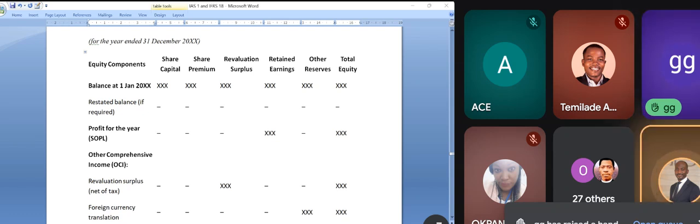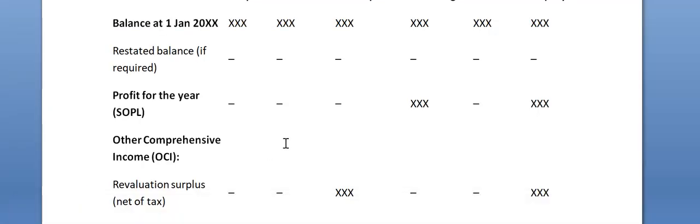So that is that for the statement of changes in equity. And then if you have revaluation surplus, why I'm doing these headings for you now is because this is what IFRS 18 is looking like.